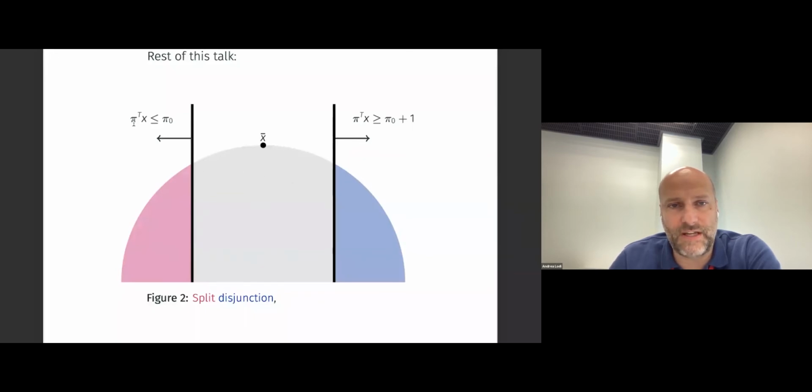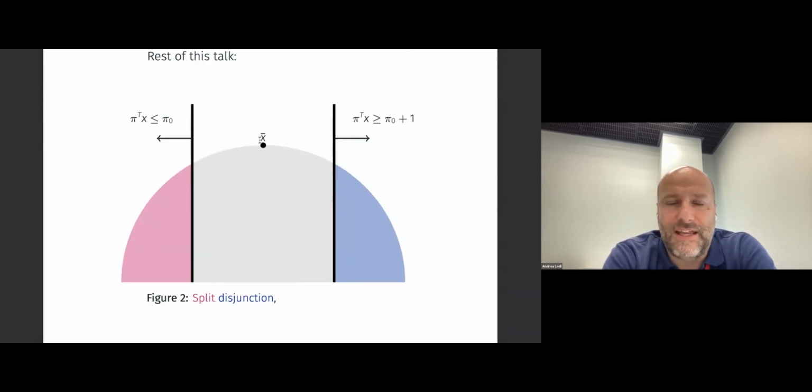Considering the disjunction pi transposed x less or equal than pi 0, where pi is integer and non-zero on each of the components of x that need to be integer, it's clearly true that whatever point is in between, in this split set, pi transposed x less or equal than pi 0 and pi transposed x greater or equal than pi 0 plus 1, is not feasible for my problem.